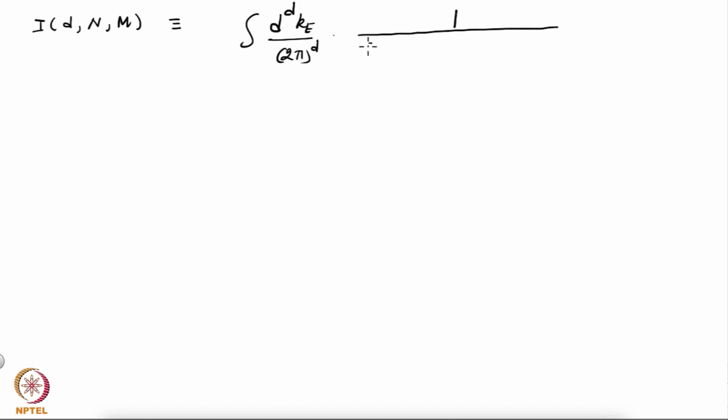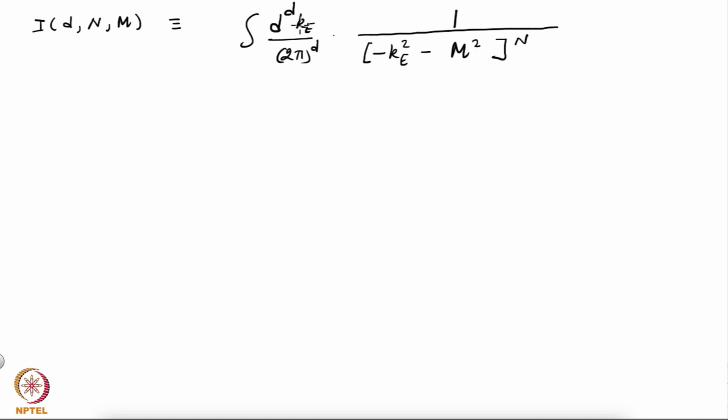I define I_{d,n,m} to be the following: the integral d^d k_E over (2 pi)^d times 1 over (minus k_E square minus m square) to the power n.